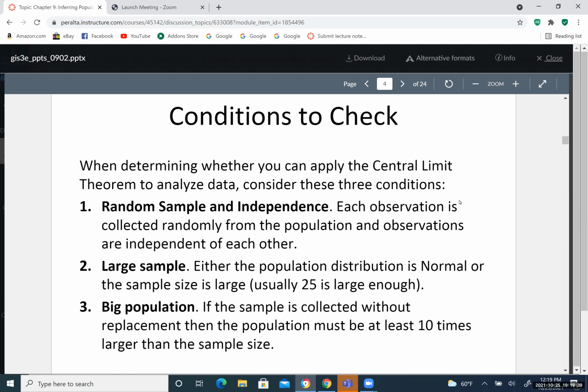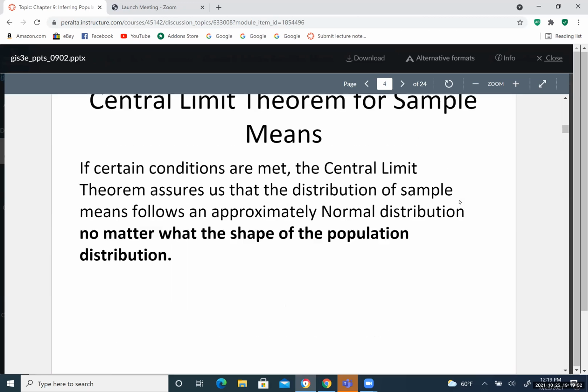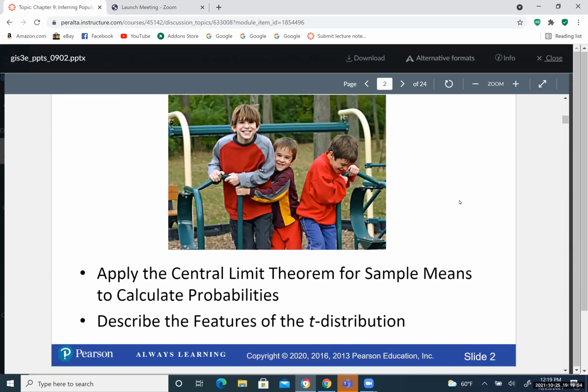For all the things they're talking about, the central limit theorem mostly comes in when we are testing the sampling distribution, or we're testing for the sample mean.